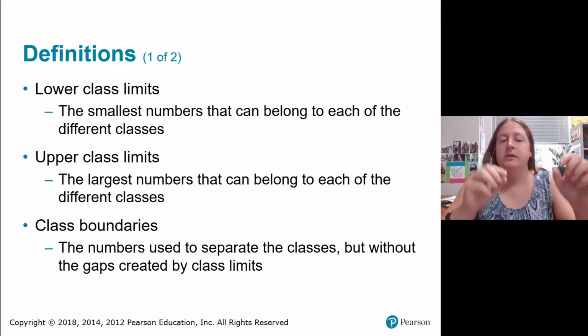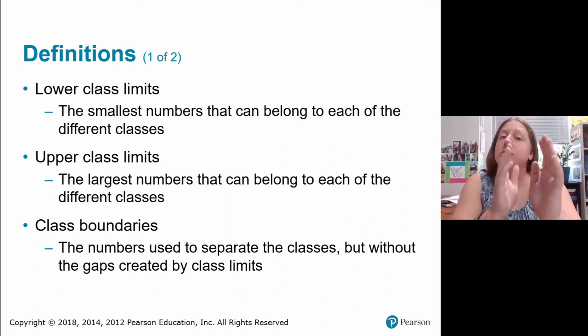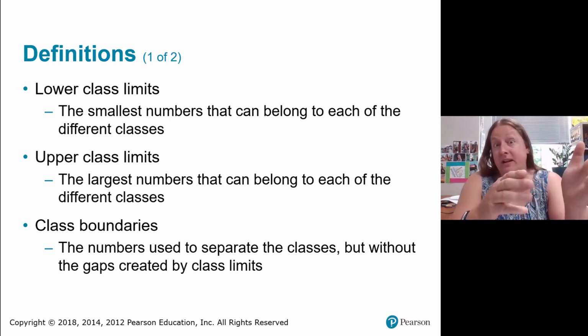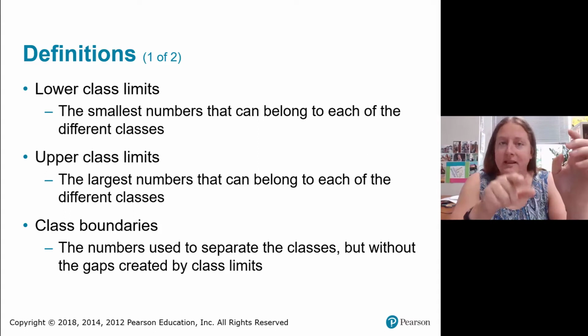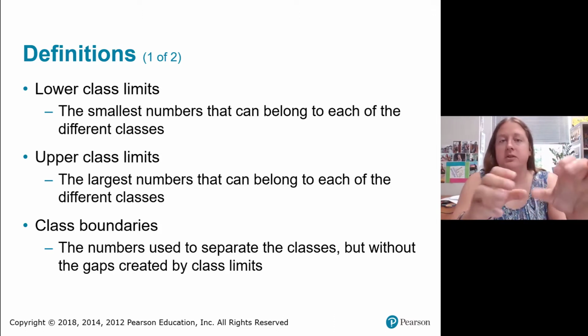So what we do is we take the lower and the upper class limits, and we choose a value between them. So we might never have a data point, in fact, we won't have a data point that hits that boundary value. Say all of our values have to be whole numbers, so no decimal points allowed.